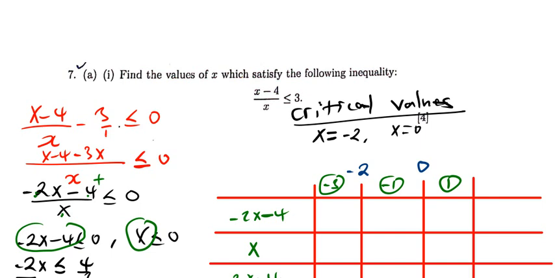Negative 3 here, when you put it there is going to be positive, then here it is going to be negative. Negative times positive is negative. If I put negative 1 here, it will be negative still, and here it will be negative. Negative times negative is positive.